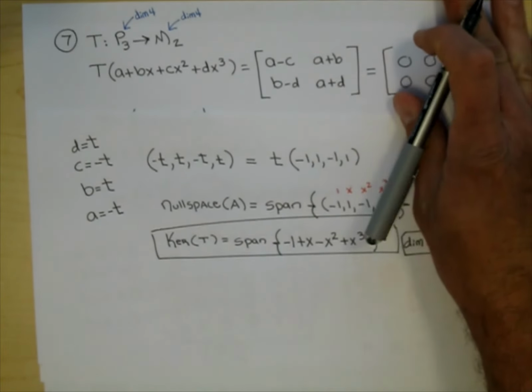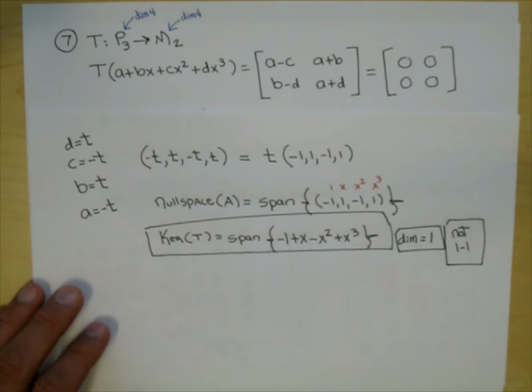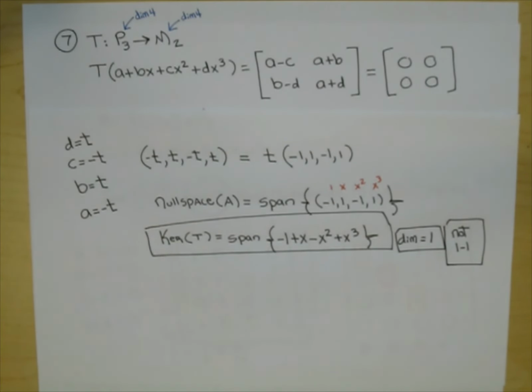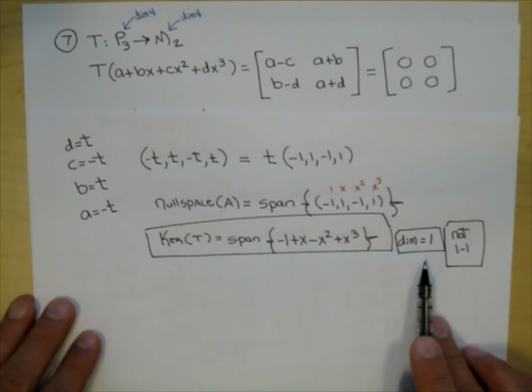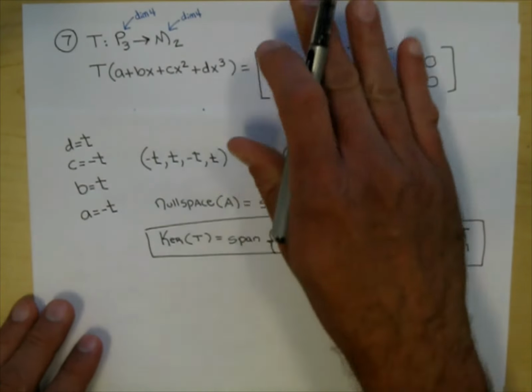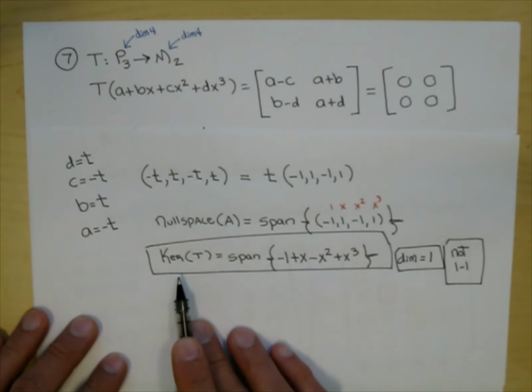Okay, let's go ahead and find the range. Now we might already know something here. By the general rank-nullity theorem, we know that the dimension of the kernel, which is 1, plus the dimension of the range, which we don't know yet, has to equal 4. So 1 plus question mark equals 4, 1 plus 3.